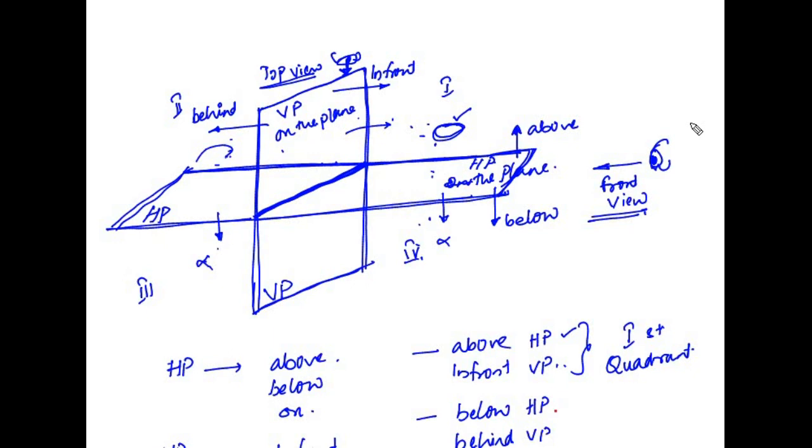According to the first condition, the object can be in the fourth quadrant or the third quadrant. But the second condition is behind the vertical plane. This is in front of the vertical plane, and this part is behind the vertical plane. That means the object is here. So this is the third quadrant. Like this we have to identify the quadrants.